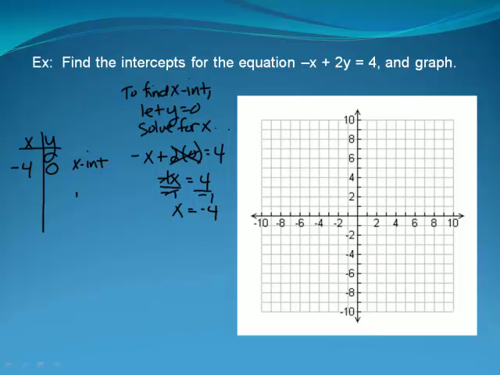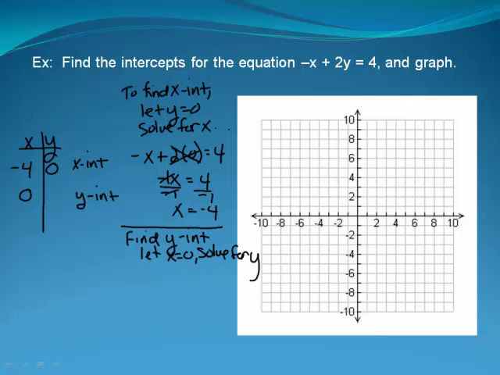Our y-intercept, we said, occurs where x is 0, always. Y-intercepts occur where x is equal to 0. So to find our y-intercept, we're going to let x be 0 and solve for y.